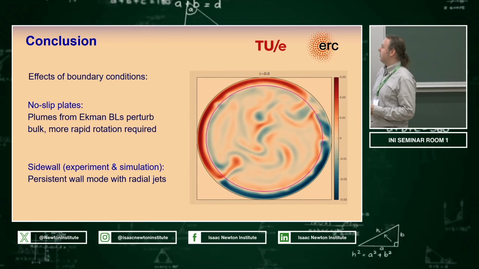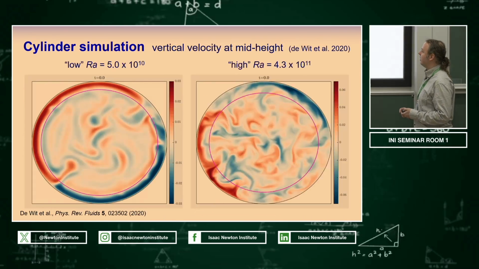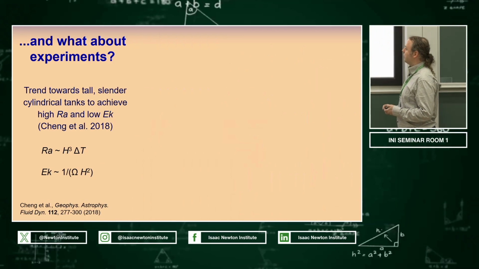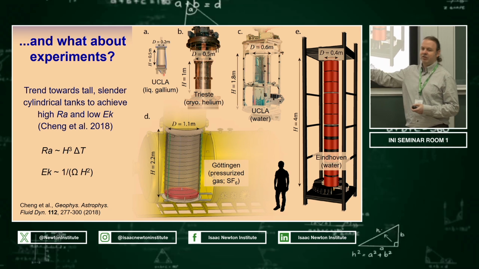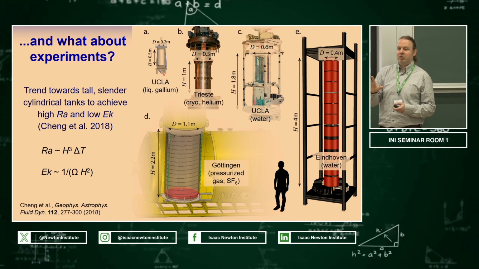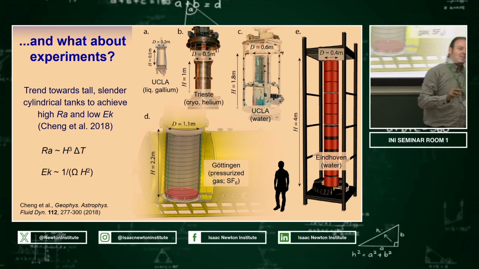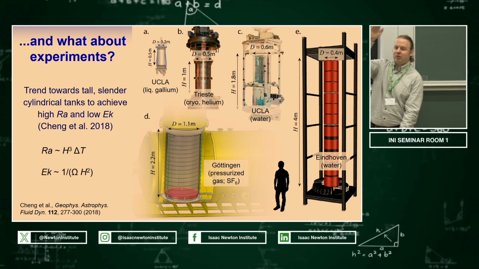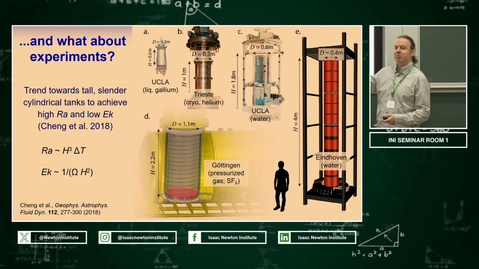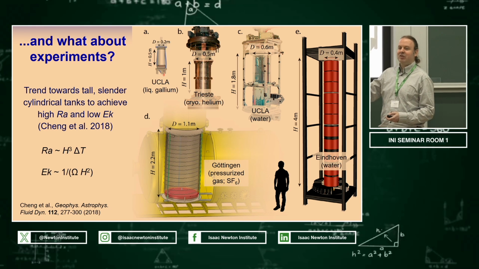I have to say we are constantly dealing with some kind of limitations, because we want to study this so-called geostrophic regime of convection where rotation is dominant, and this requires very small Ekman numbers. And next to very tall setups, that also means that rotation can be quite strong. Unfortunately, there's also this effect of centrifugation.